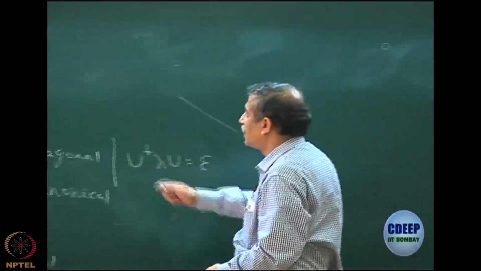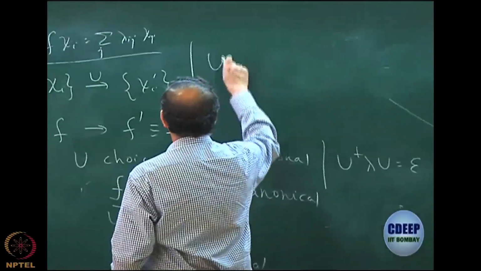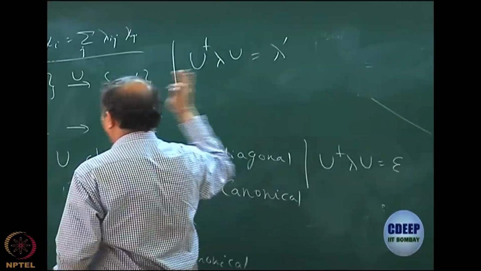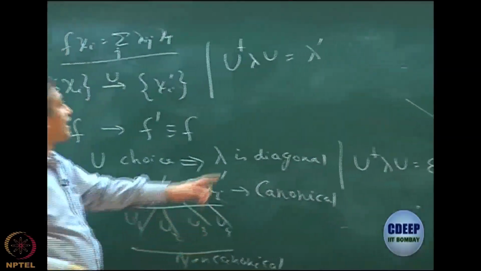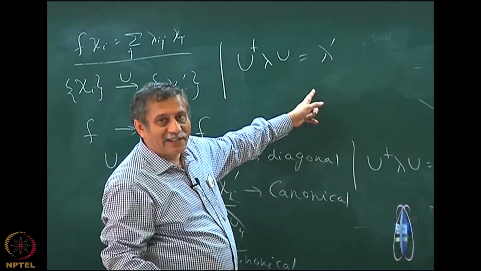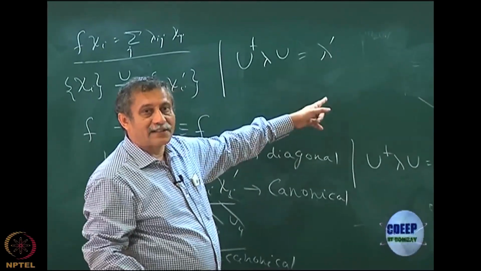Otherwise, in general, I can keep on transforming any matrix to lambda prime. It is not necessary that this is diagonal. Any arbitrary u does not diagonalize, whereas a specific u diagonalizes.